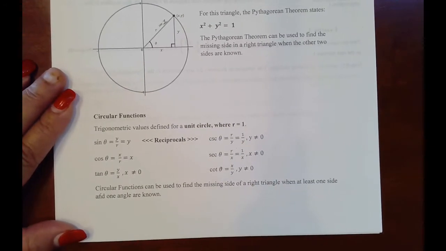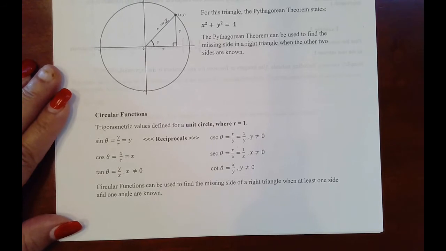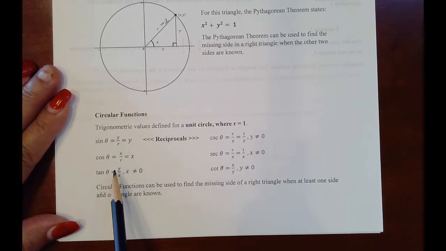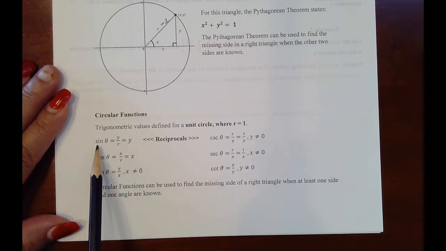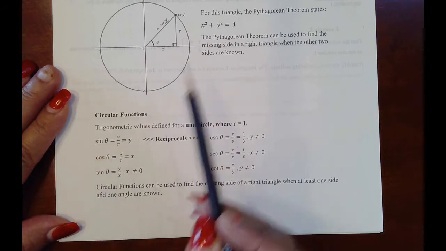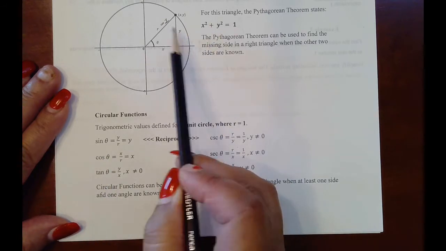So let's go over those values. Now, I have written these definitions for you using just an R, but I also want you to consider how it turns into just this. So let's talk about that. Sine is defined as y over r.